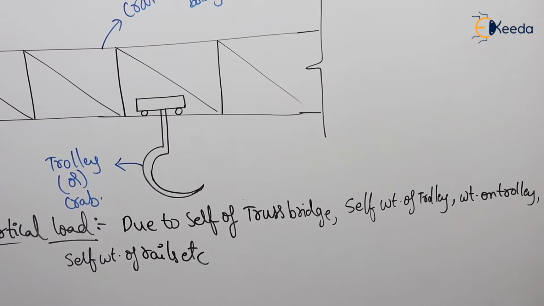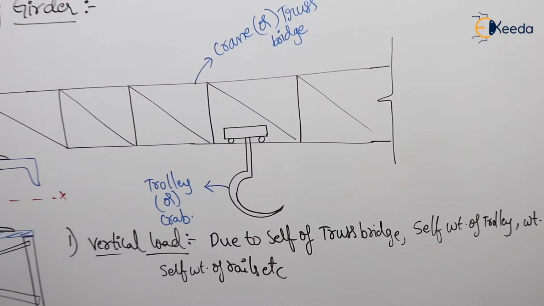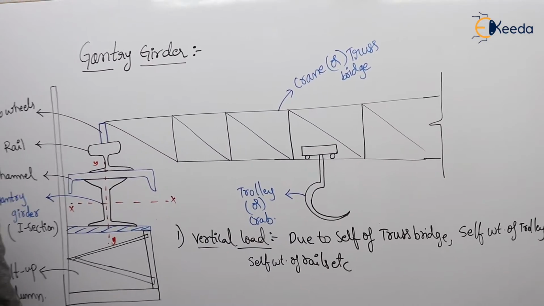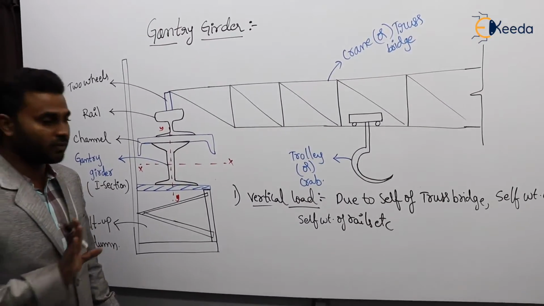So because of the dead weight or self weight, the gantry girder is subjected to vertical load. This is one type of load.